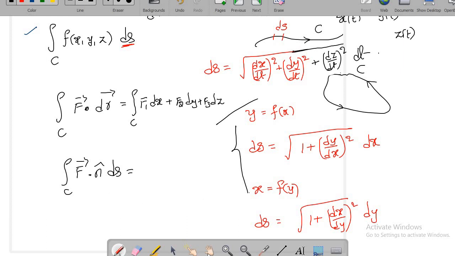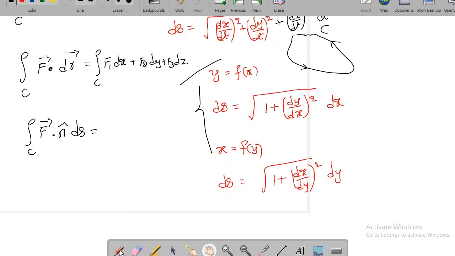So let me discuss it in 2 dimensions. In 2 dimensions, you know what dr bar is. Dr bar is nothing but dxi plus dyj. If you ask me what the normal vector is here, a normal vector is a vector which is perpendicular to the tangent vector.